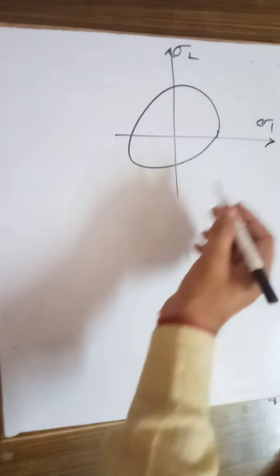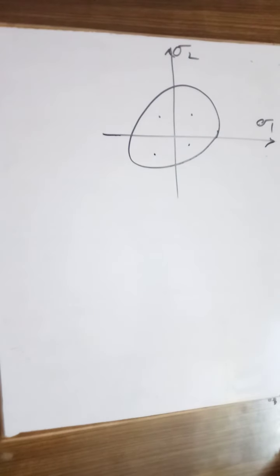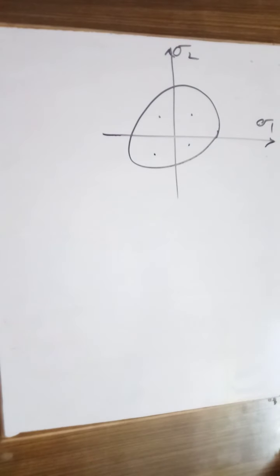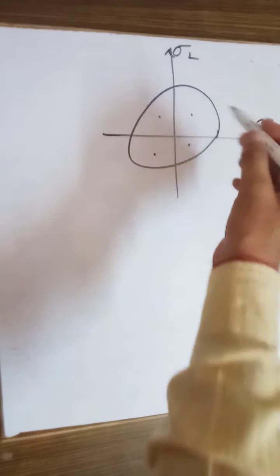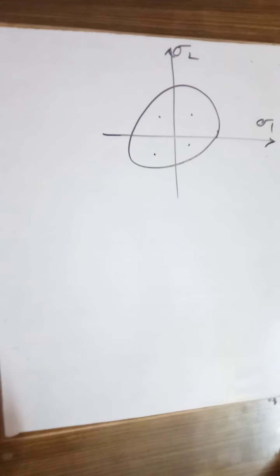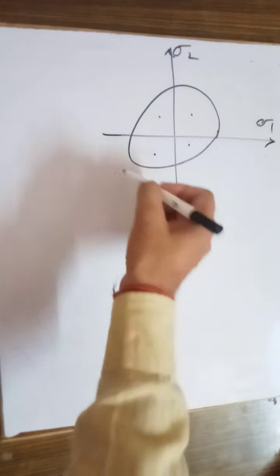So we will represent it by an ellipse. So for any combination of sigma 1 and sigma 2, if the points lie on the ellipse, on this surface, the material will start yielding.